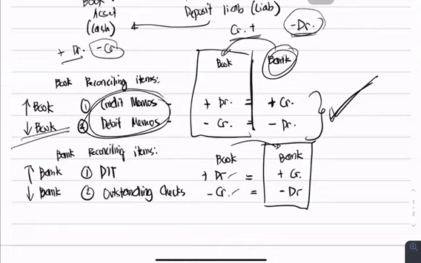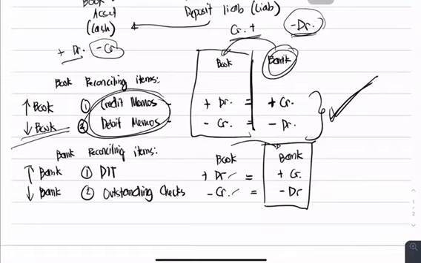Okay, so again, we need to look at what are the items that affect the book and the bank as to your reconciling items. You call them credit memos, debit memos, DIT, outstanding check. So for credit memos, ang kailangan nyo lang ditong isipin is, merong dinagdag si bank dun sa account ko, hindi ko pa na-record dito sa book ko. Ano ba yung mga normally na dinadagdag ni bank sa account mo?